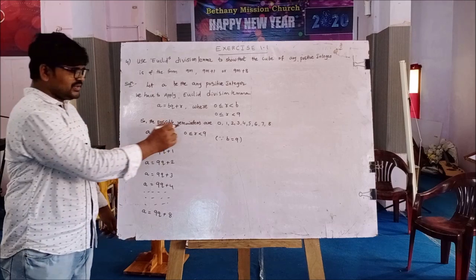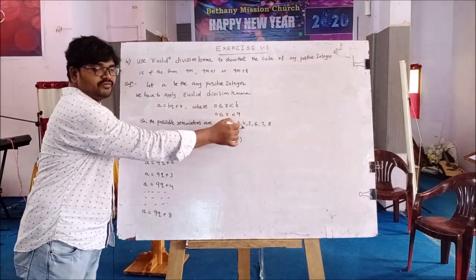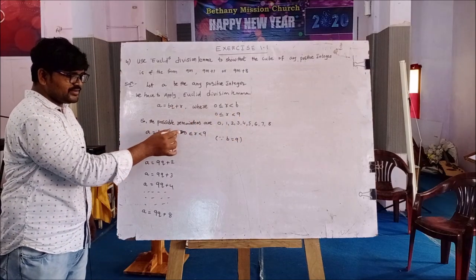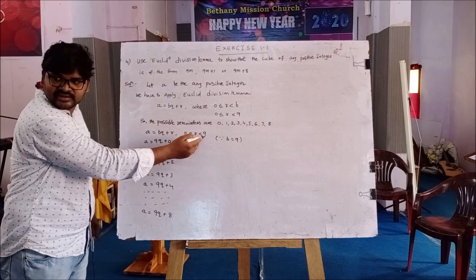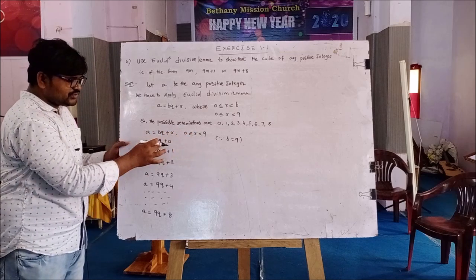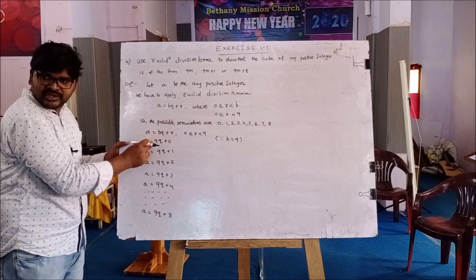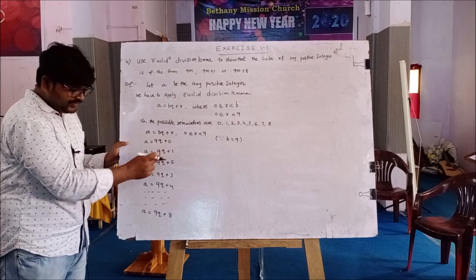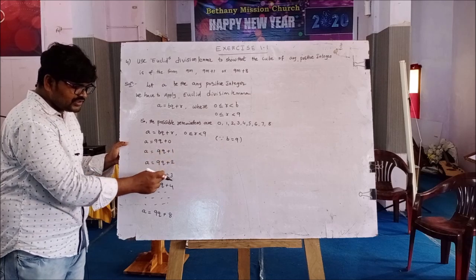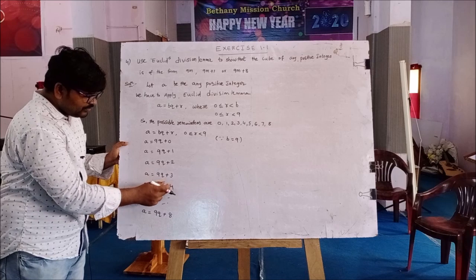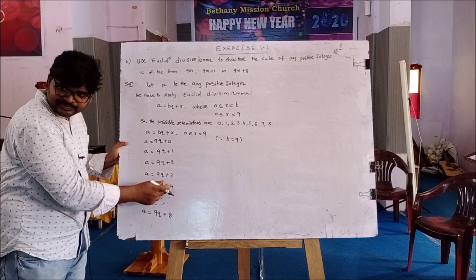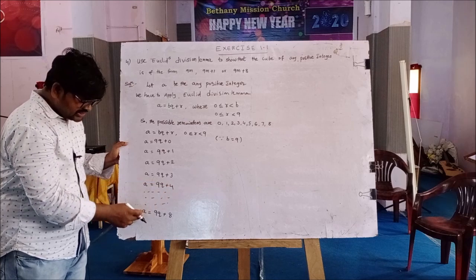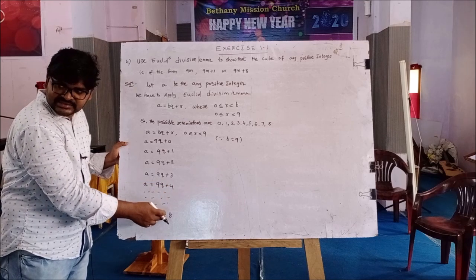Once again, the possible remainders are 0, 1, 2, 3, 4, 5, 6, 7 and 8. That is A equals BQ plus R, 0 less than or equals to R less than 9. The value of B equals 9, so 9Q plus 0, 9Q plus 1, 9Q plus 2, 9Q plus 3, 9Q plus 4, 9Q plus 5, 9Q plus 6, 9Q plus 7 and last 9Q plus 8.